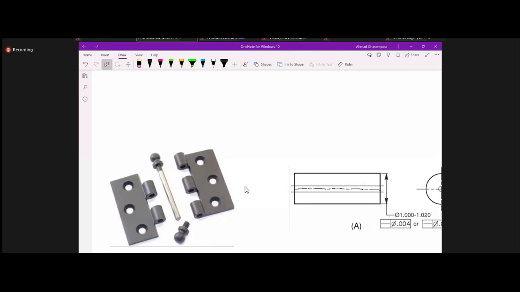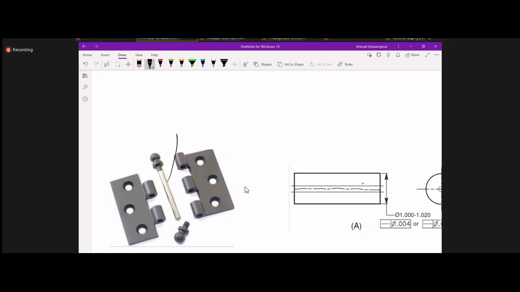So here we have a hinge. Obviously, it's important that this is straight, right? It doesn't have to be straight with respect to anything. It just has to be straight to work in this application. So how do we control the straightness?